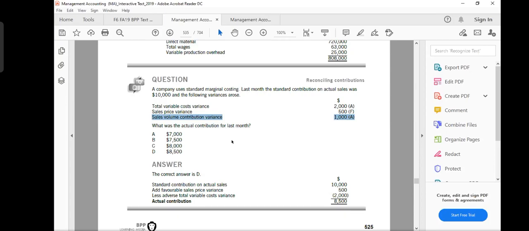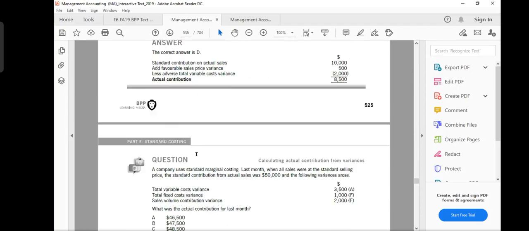Why did we ignore that sales volume contribution? Because it was defined from standard contribution on actual sales. Yes, because on actual sales, and here also it says actual. So if we are talking about actual, volumes are ignored, just like in the previous question.